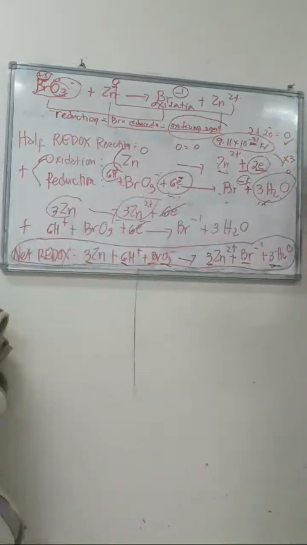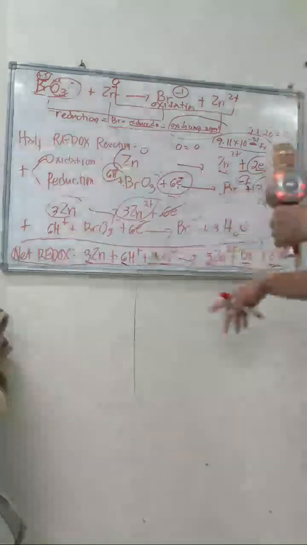Bromine, chlorine. If you meet oxygen gas or hydrogen gas, during your balancing you will never say hydrogen gas, because that's wrong grammar in chemistry. You will say hydrogen. This is bromine, so how many atoms of bromine? 1, 1.